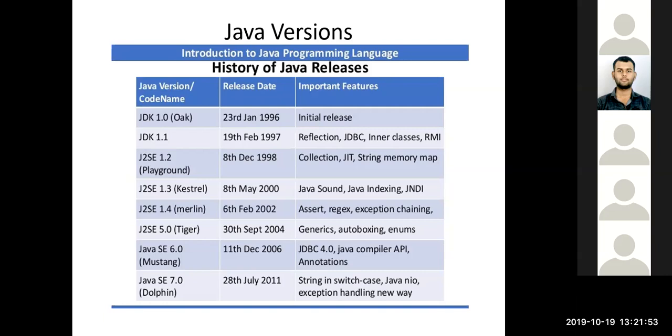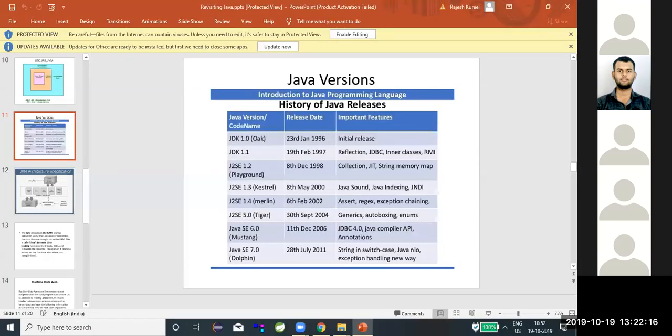Then Java 7. Java 7 was responsible for bringing the NIO API. Earlier, we were using Java IO. Then here we have the Java NIO API. Along with that, we have switch case and exception handling with a new pattern.